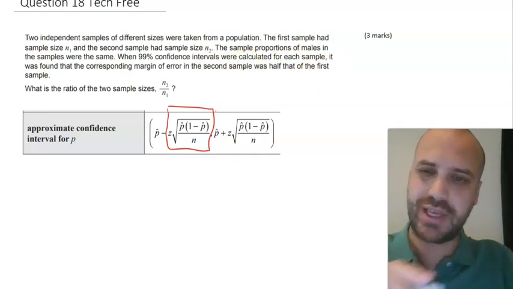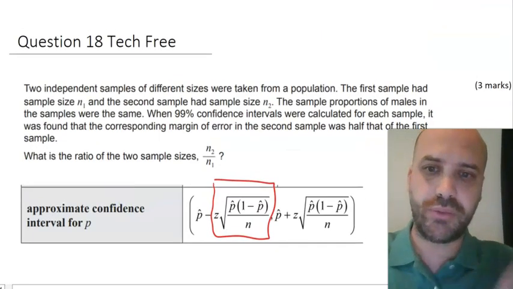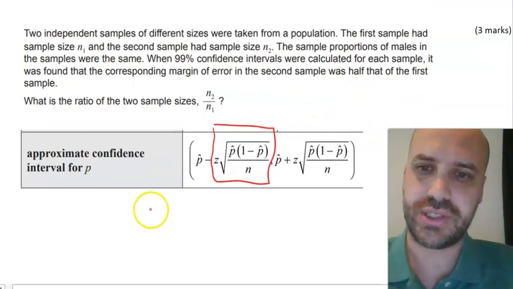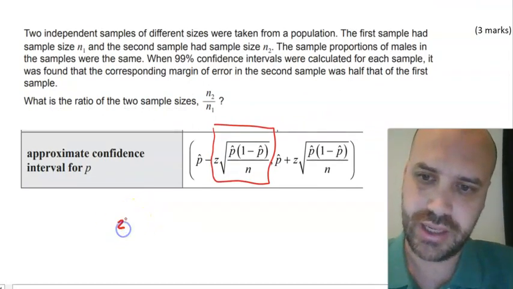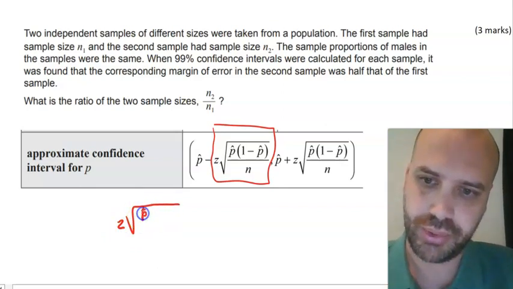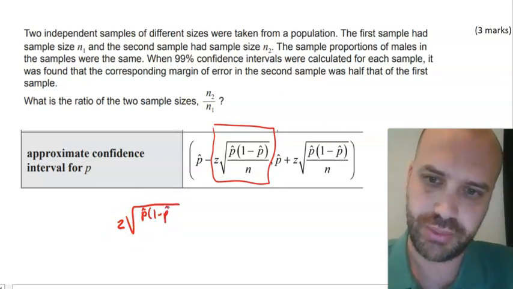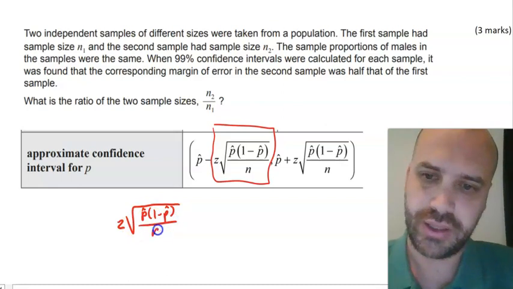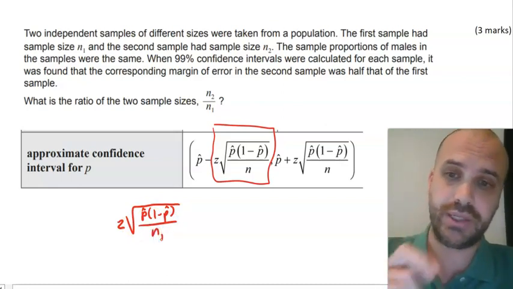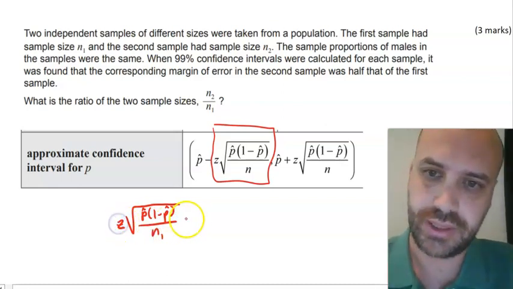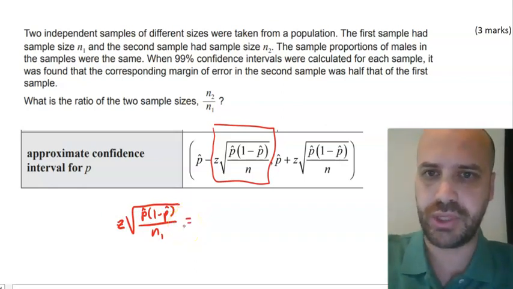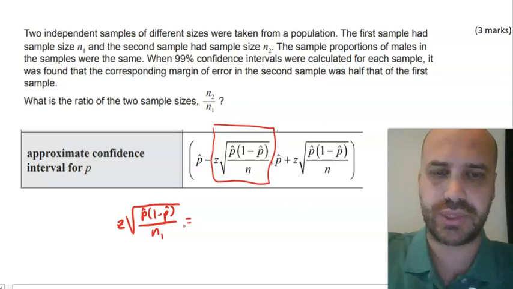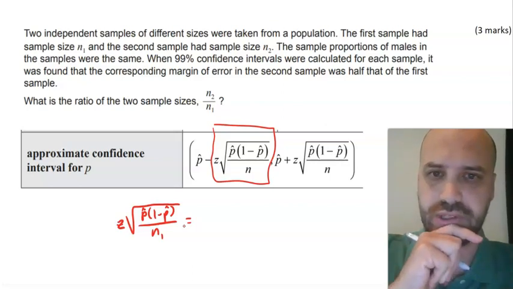All right, let's write that down as a formula here, right? So the first sample's margin of error, z square root p1 (1 minus p1) over n1, is equal to, it was found that the corresponding margin of error in the second sample was half that of the first sample.